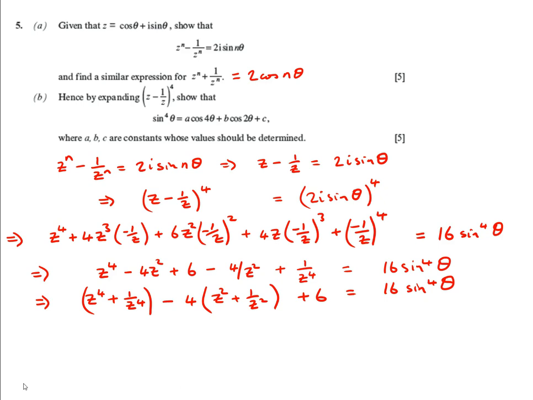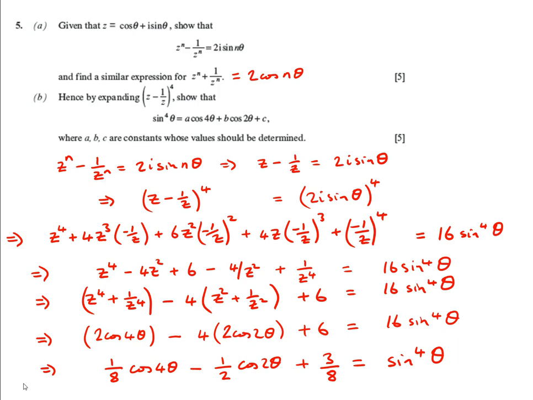So the left hand side can now be written as 2 lots of cos 4 theta minus 4 lots of 2 cos 2 theta plus 6 equals 16 sin to the 4 theta.